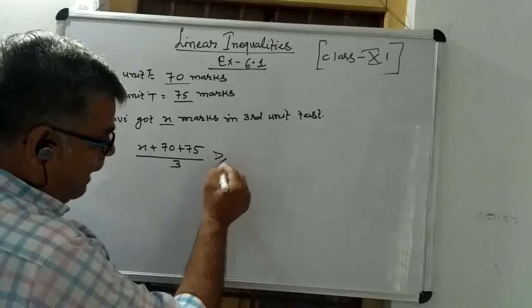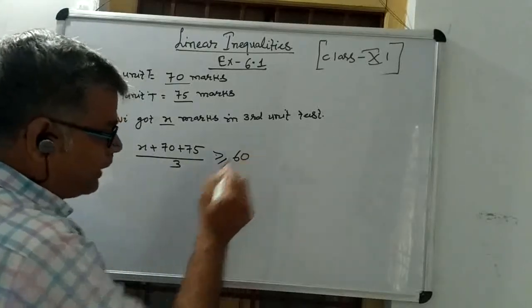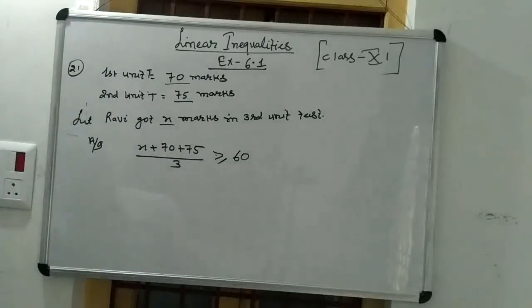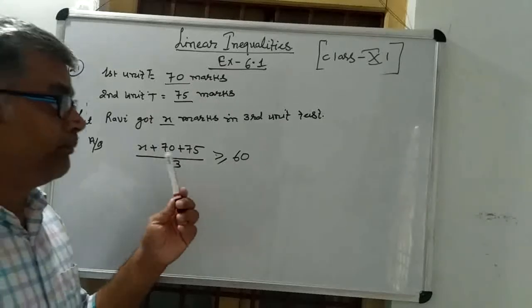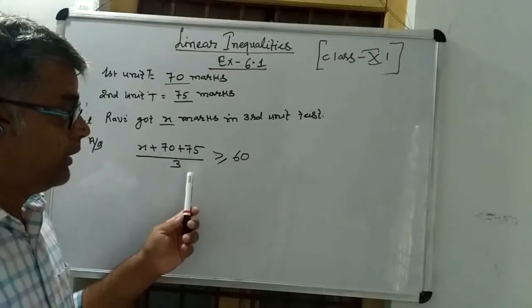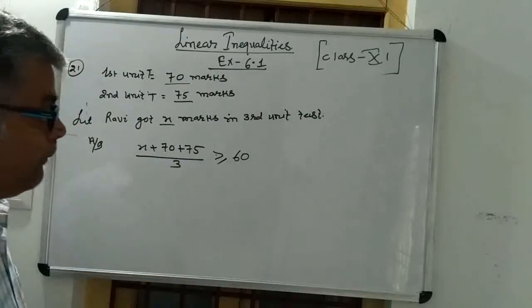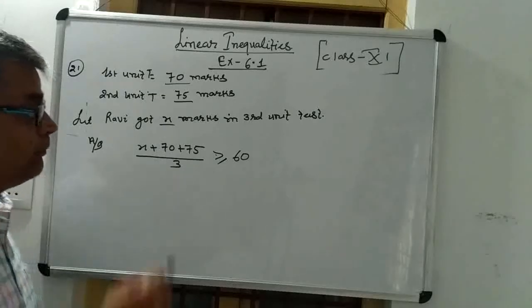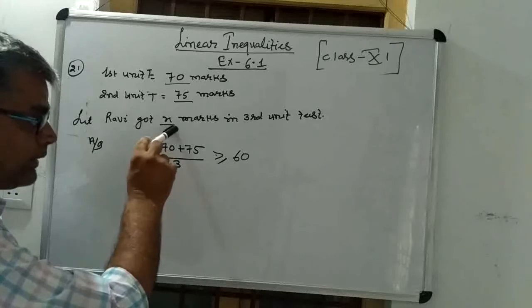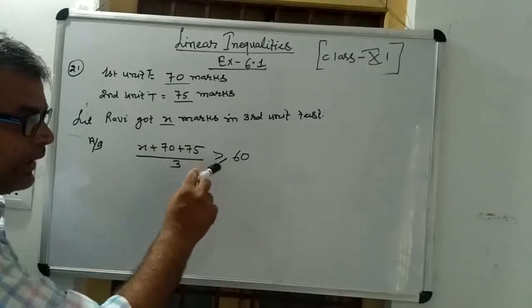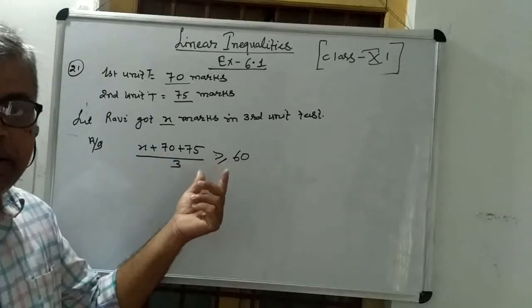It means that the average must be greater than or equal to 60, because the question is saying that his average must be at least 60 marks. So in the third unit test he must obtain such marks X whose average is greater than or equal to 60. This is our linear inequality.